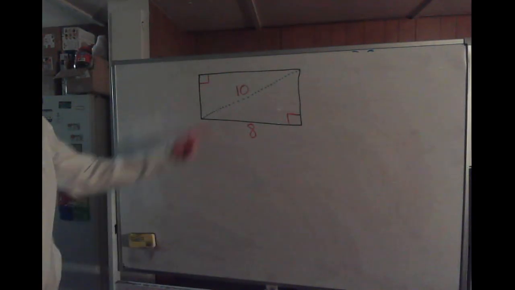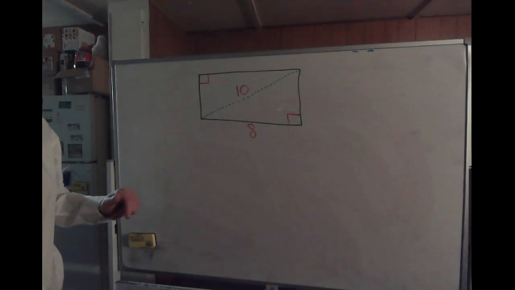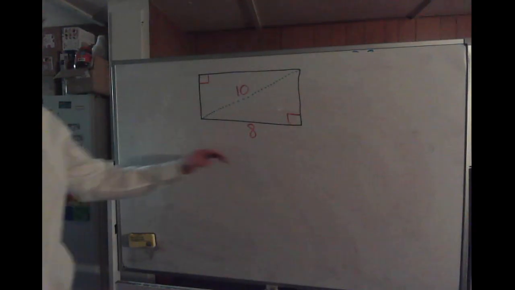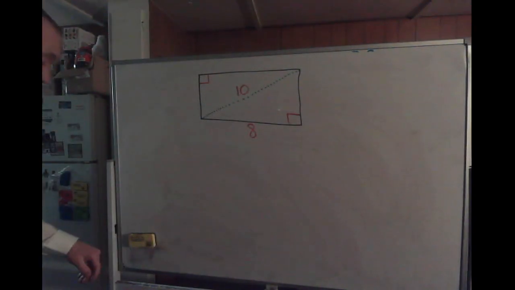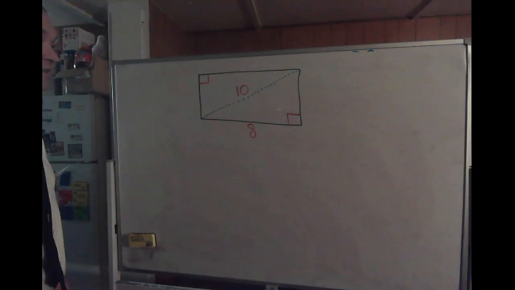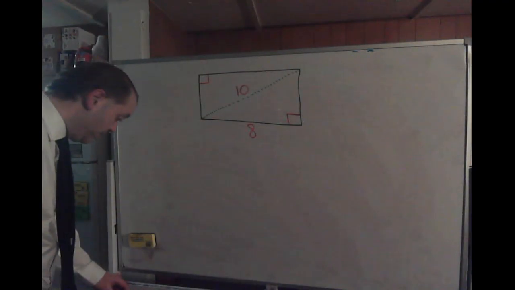Well, we have the length of the diagonal of the rectangle, which is the hypotenuse of both right triangles. Now, of course, we just need to find the height, which is going to be found by solving the Pythagorean theorem.